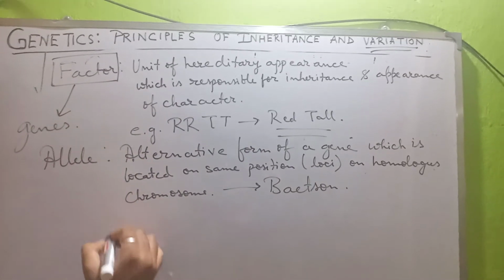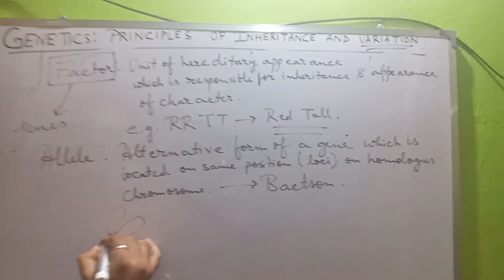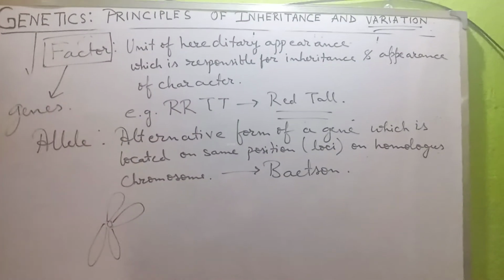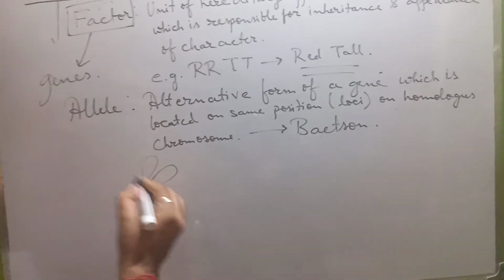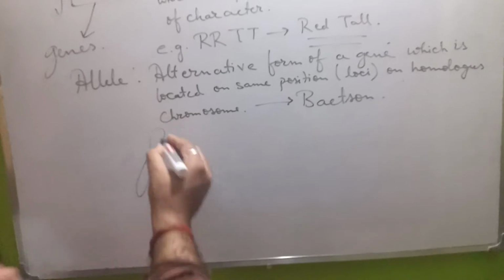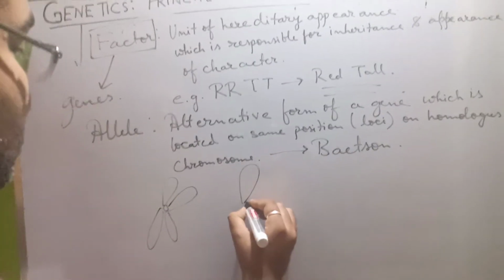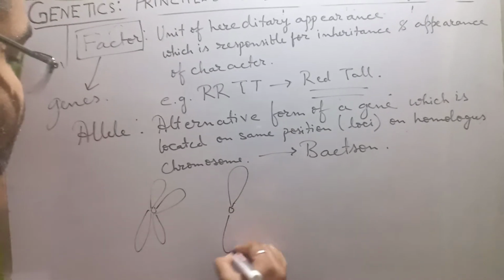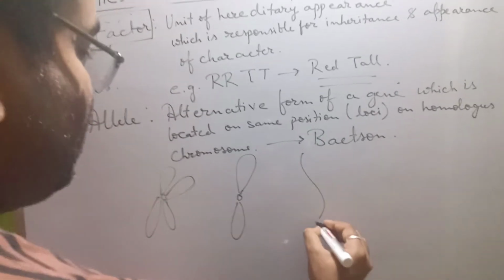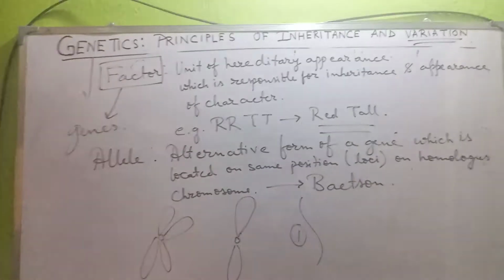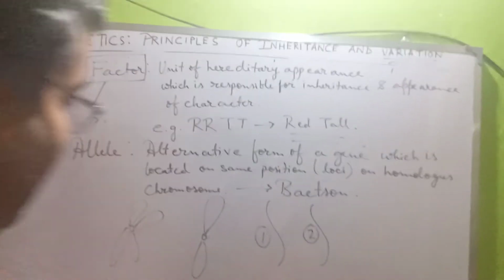Remember, we often see that a chromosome has such an appearance, and these are the chromatids, and this is the centromere. Now, as we all know, one of the chromatids comes from the father and the other chromatid comes from the mother. So if this one is the chromatid which comes from the father, this is one allele, and the other allele which comes from the mother is another allele.